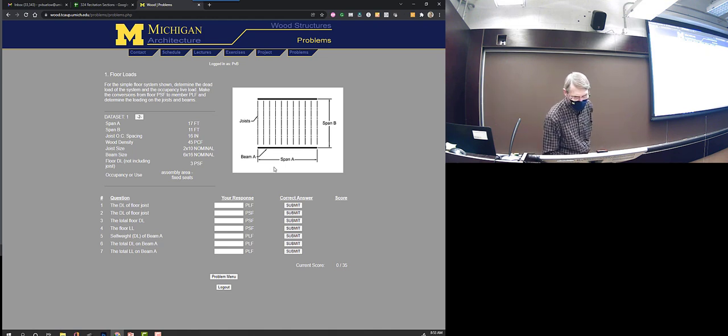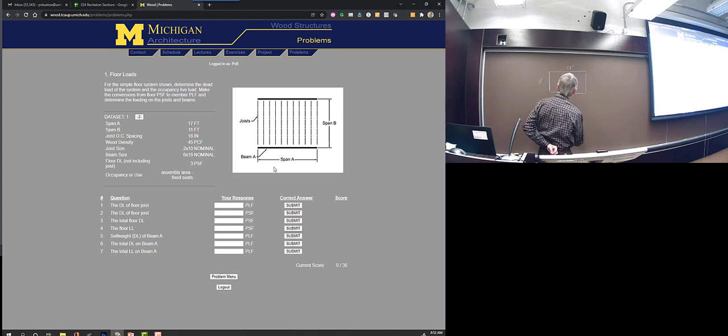A is 17 and B is 11. So it's not too far off, right? This is 17, span A, and span B is 11. So this is 11 feet. Okay, so something like that.